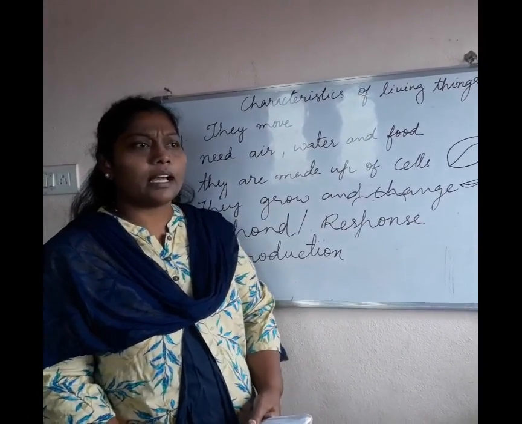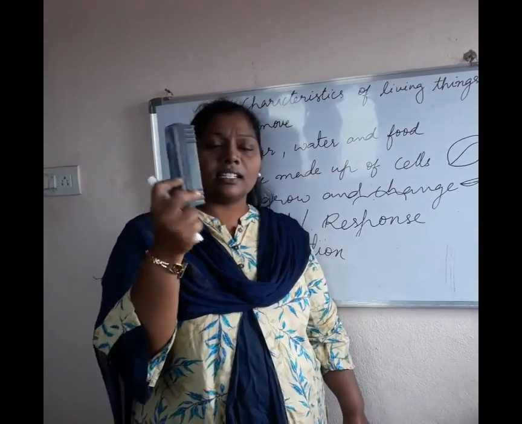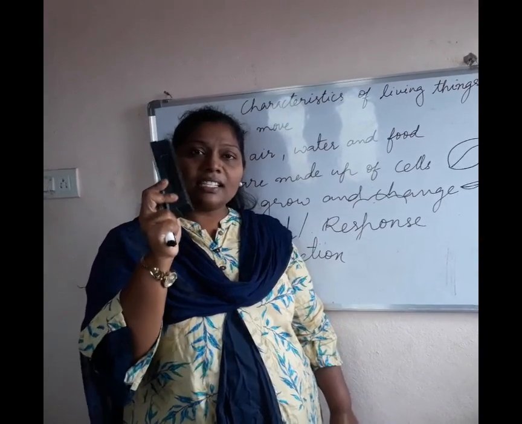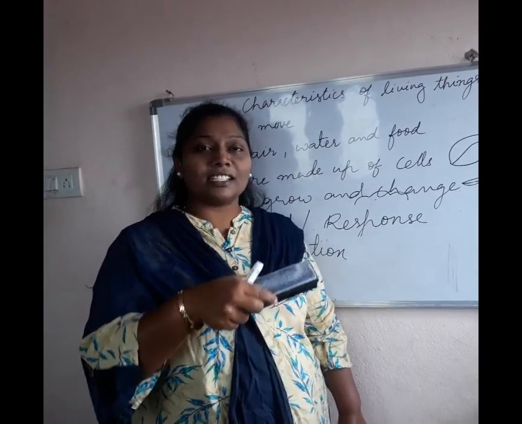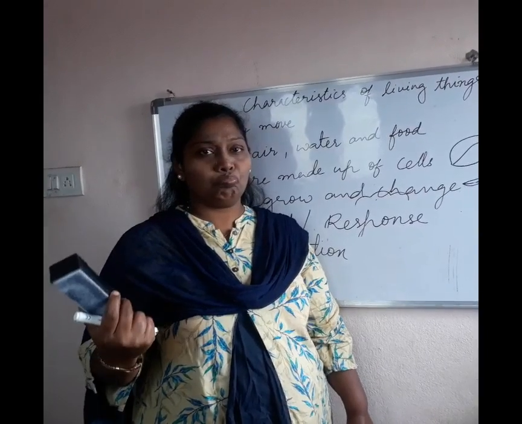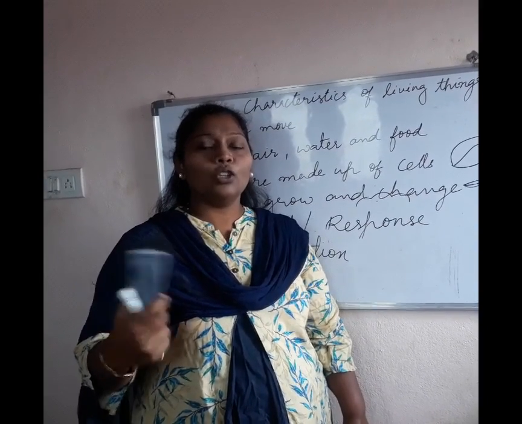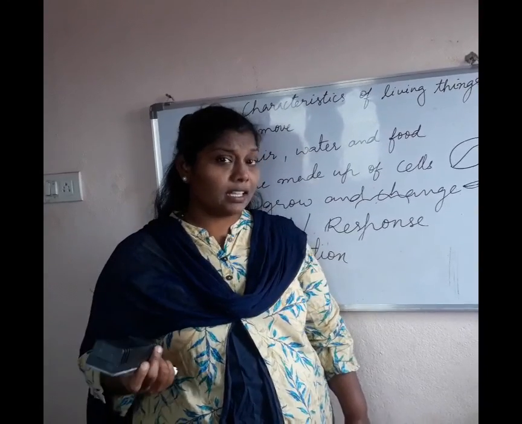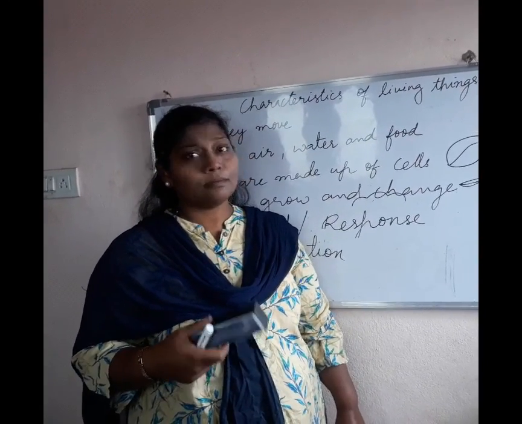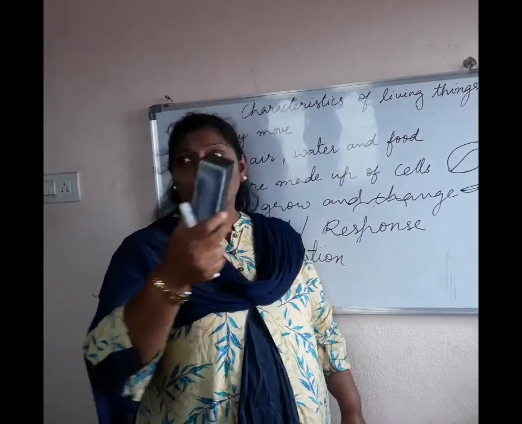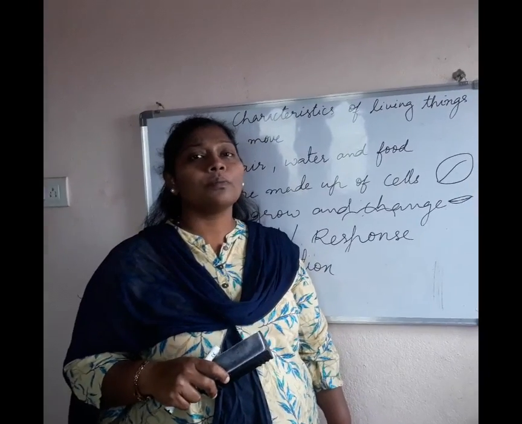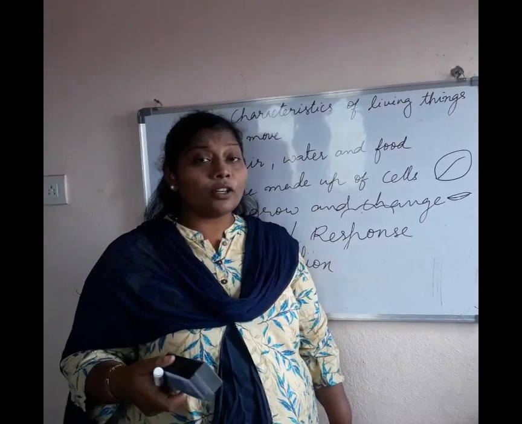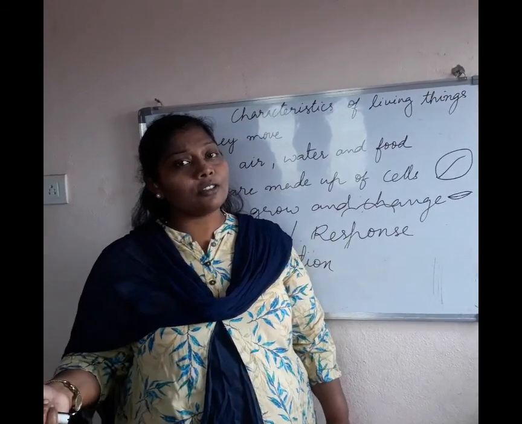So the reproduction characteristic must be seen in the living things. For example, again I'll ask you. See this duster. If I ask this duster to give another duster, can it give? No. You have a book. If you ask that book to give another book, can it give? No. You have doors and windows in your home. Do those give other doors and windows?